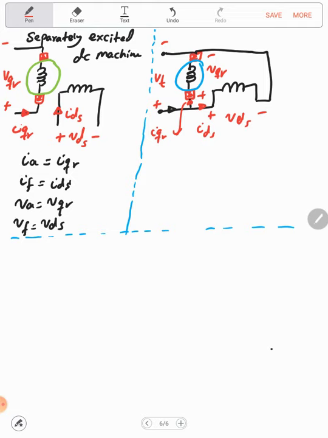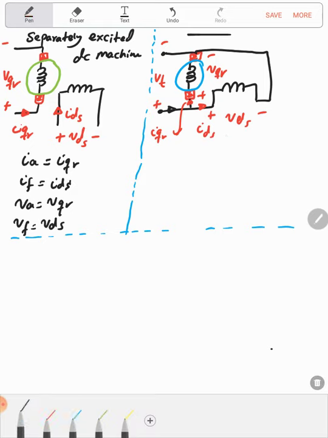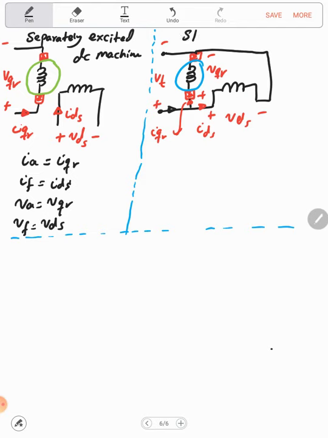Now, this is actually the shunt connected DC machine.